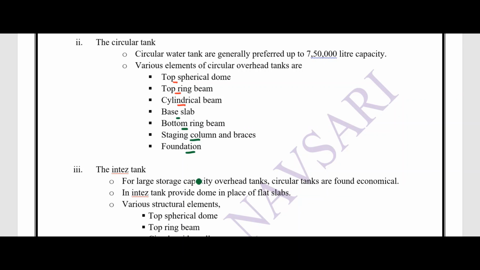But we learn only the design of the top spherical dome, top ring beam and cylindrical wall, because only these three components are asked in the exam. So I am only teaching you from the exam point of view.